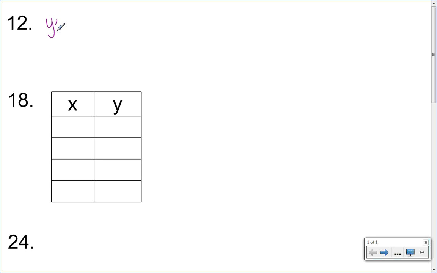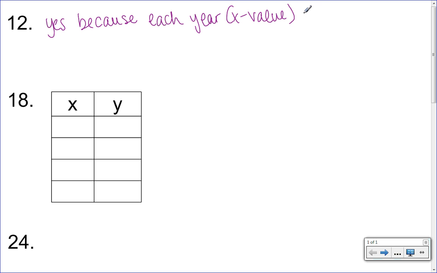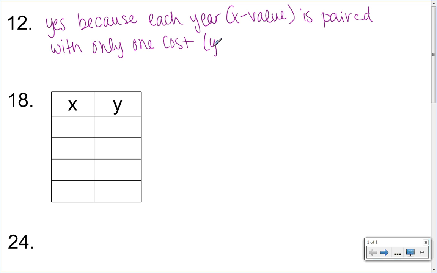So we'd say, yes, this is a function because each year, or x value, is paired with only one cost, or y value.